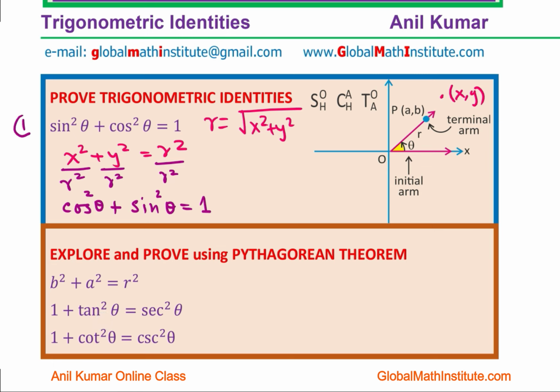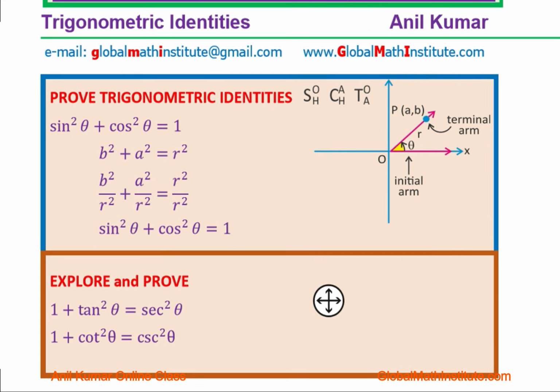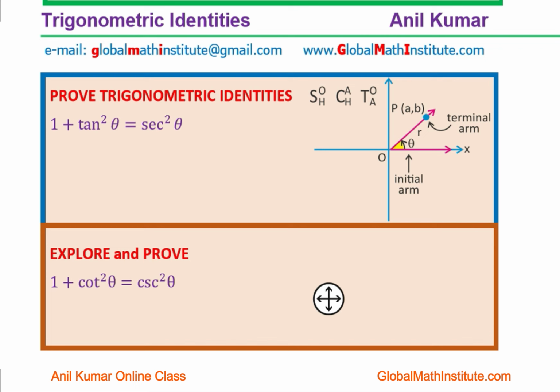Basically, these three, sine squared theta plus cos squared theta equals 1, 1 plus tan squared theta equals secant squared theta, and the third one, 1 plus cotangent squared theta equals cosecant squared theta, are the basic primary trigonometric identities, correct? So here is the proof of sine squared theta plus cos squared theta. We used the points A and B, and I generalized them for you.